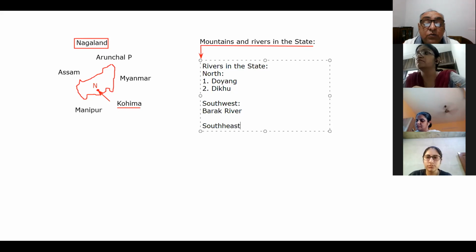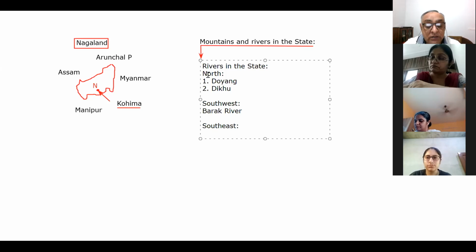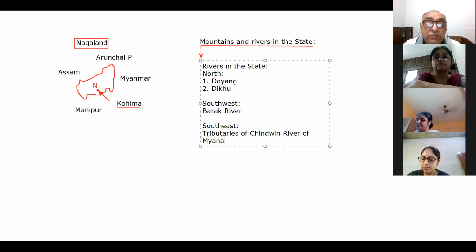The rivers in the southeast are tributaries of the Chindwin River of Myanmar. So Myanmar में एक Chindwin river है, उसकी tributaries निकलती हैं इस तरह. So these are the rivers of the state. So the next point.